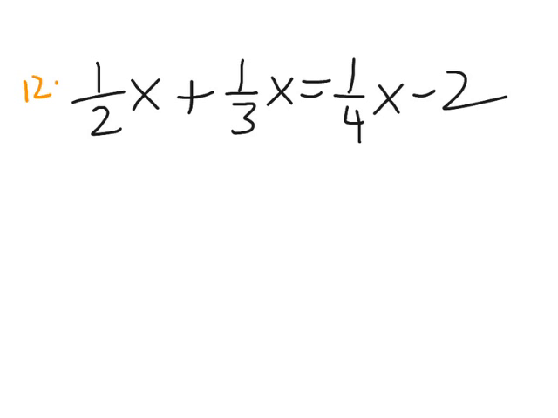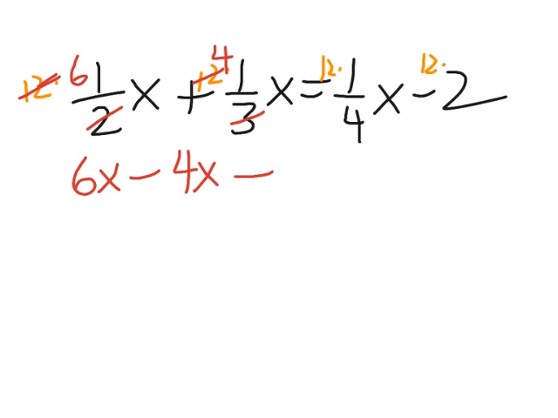So what I'm going to do is I'm going to multiply everything by 12. And the reason I multiply by 12 is 12 and 2 I can reduce. That becomes a 6, so I get 6x. Minus 12 and 3 reduces to be a 4. There's 4x.